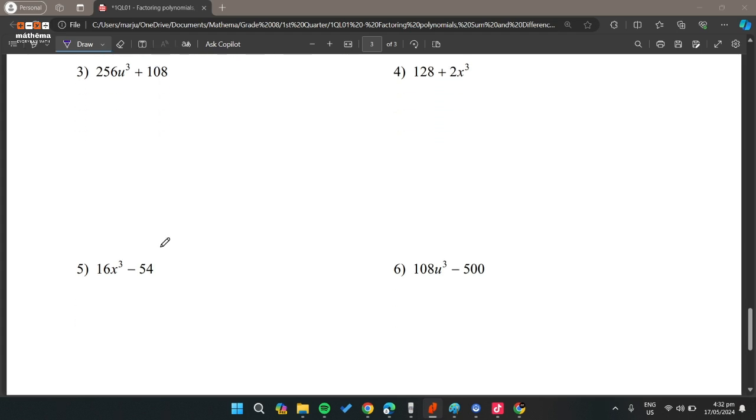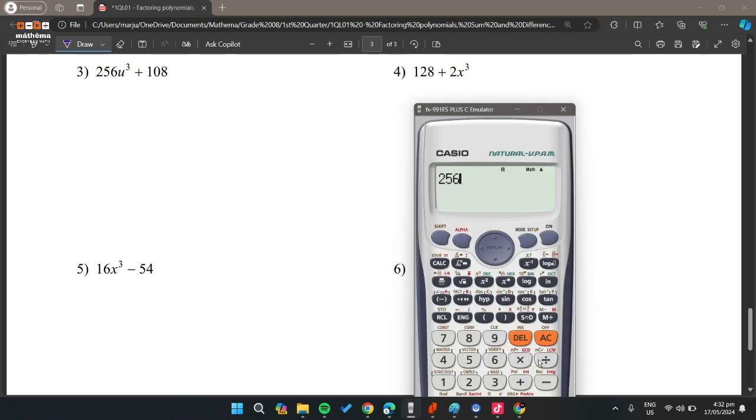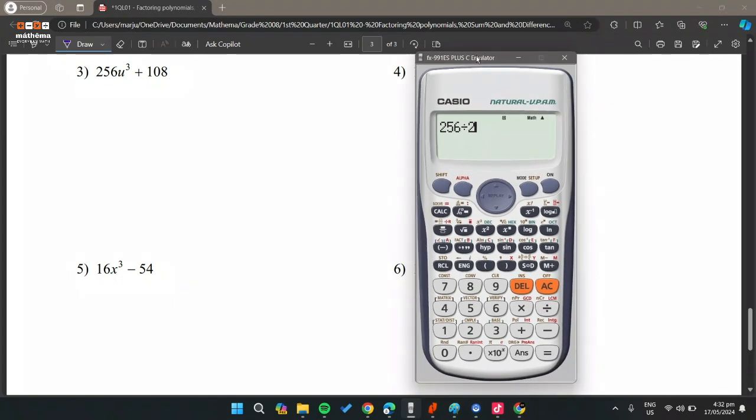So, number 3. We have 256u cubed plus 108. Again, the same thing as we did earlier. We are going to factor out the numbers first. What is the greatest common factor of 256 and 108? If we divide by 2, let's try. 256 divided by 2 gives us 128.